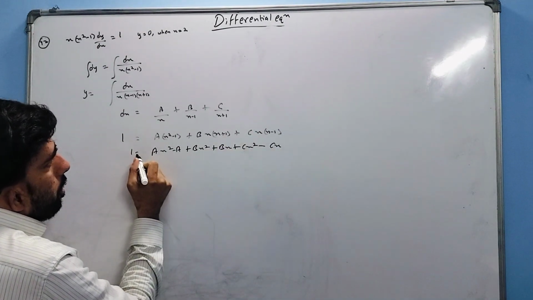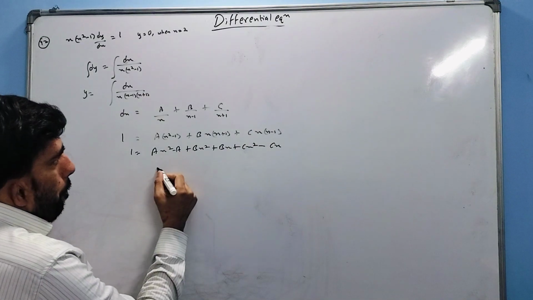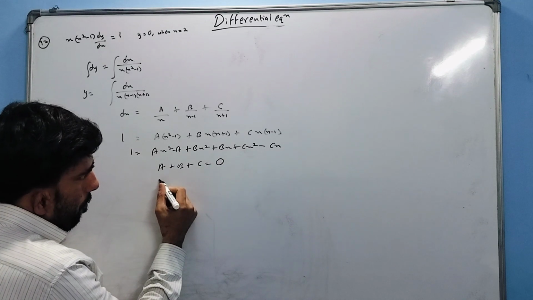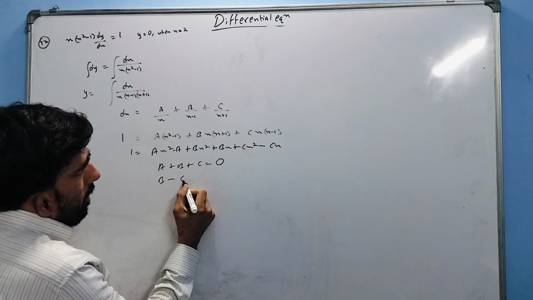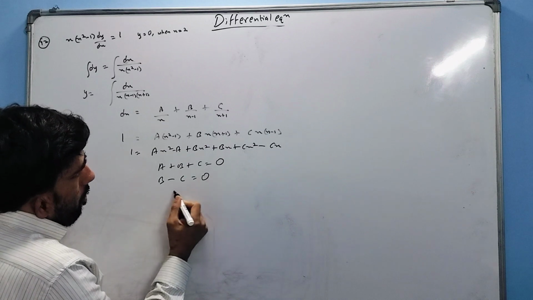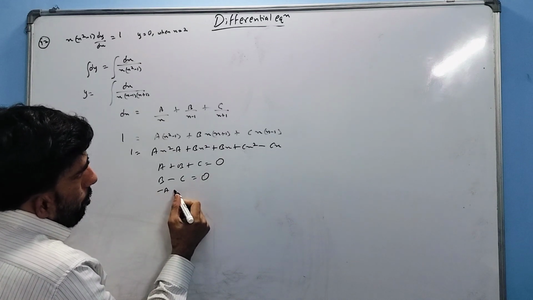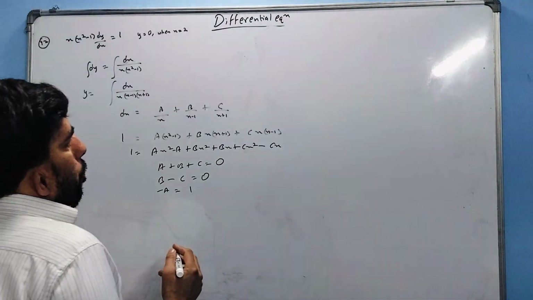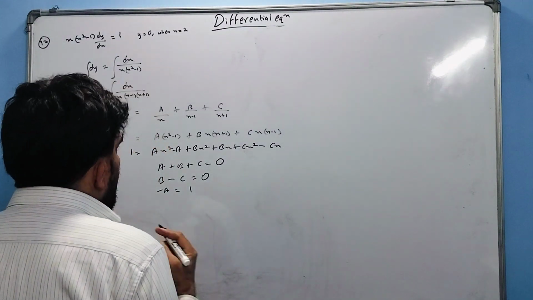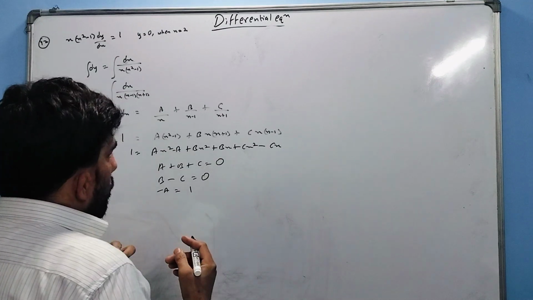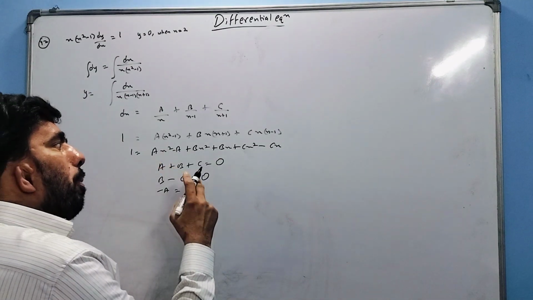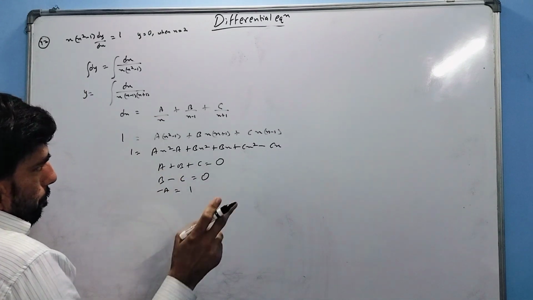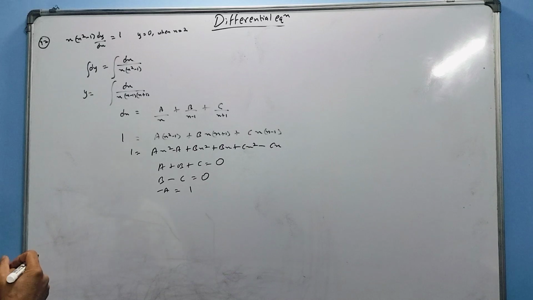Now I will compare: a plus b plus c is equal to 0, b minus c is equal to 0, and minus a is equal to 1. Now in a very simple way, let us try to find these values.